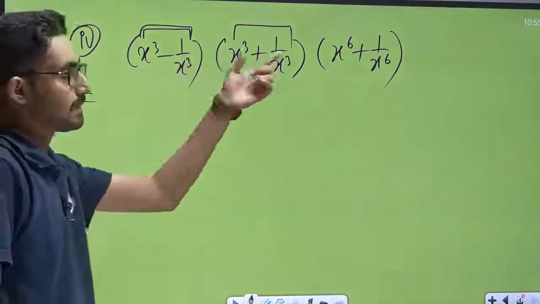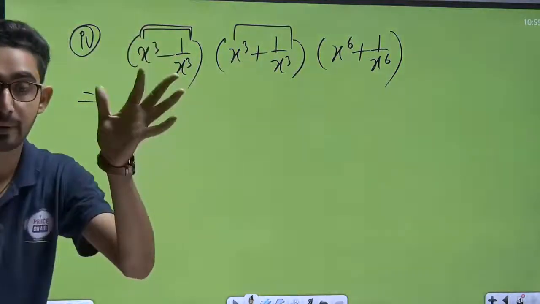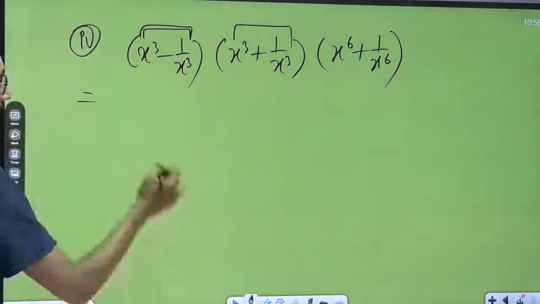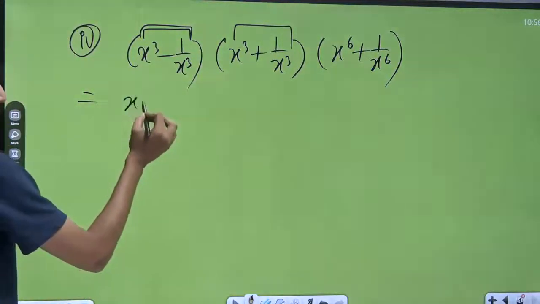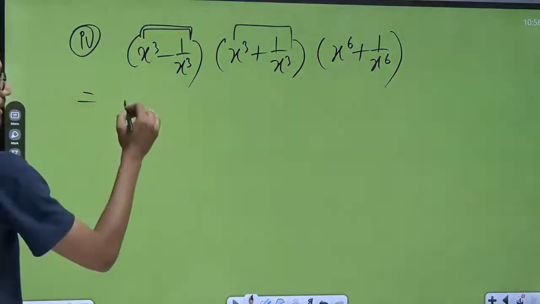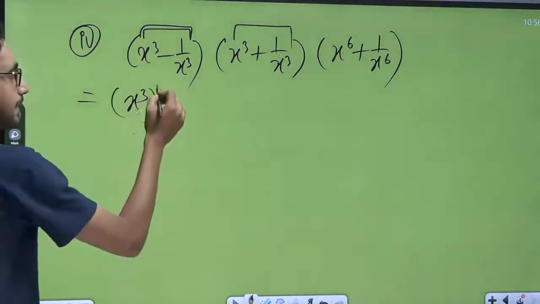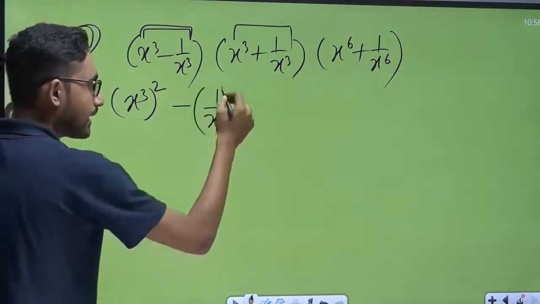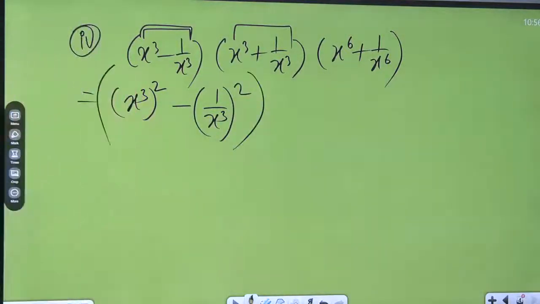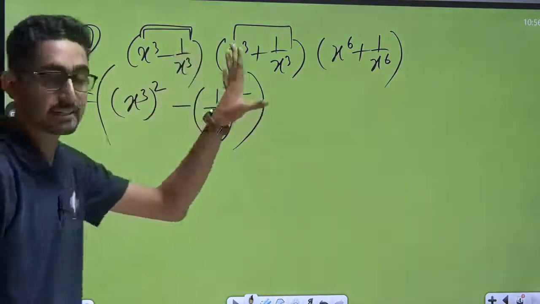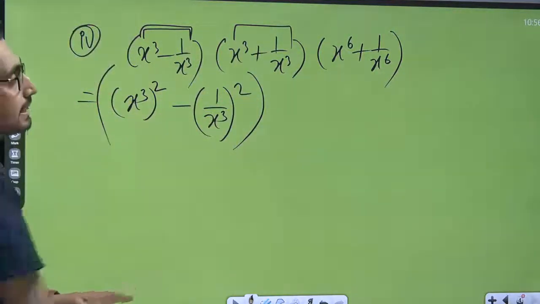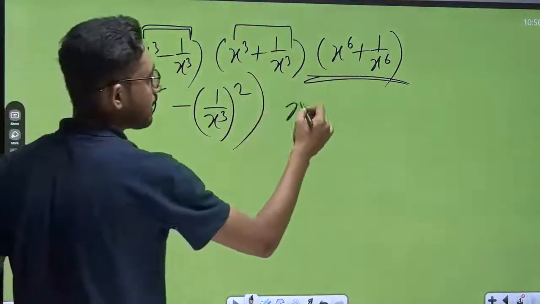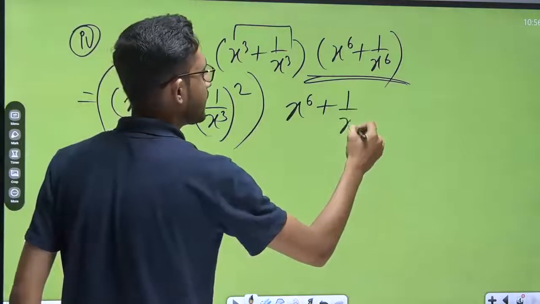Okay, now see all of you. First of all, consider this a minus b. Okay, now this is considered a minus b and this is considered a plus b. The a minus b, a plus b formula gives a square minus b square. मैं अभी तक एक ही फॉर्मूला में रखा हूं अभी. So we can say a square. अब देखो कैसे लिख रहा हूं. A square minus b square. Done.